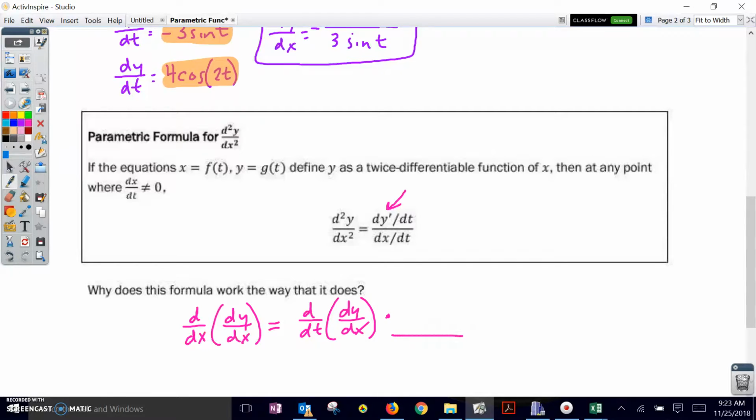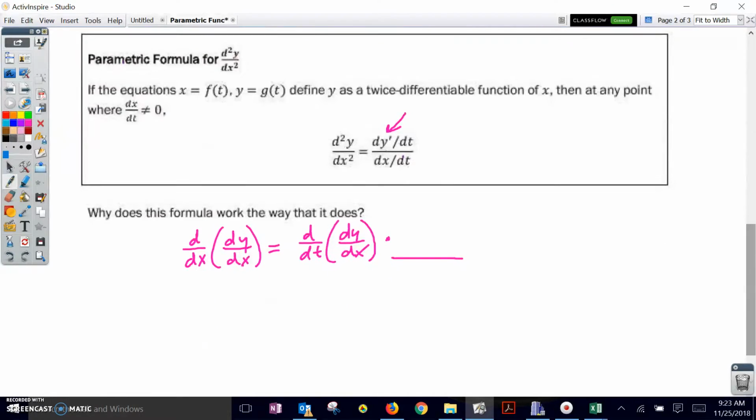And because we're doing that, what we really have is d squared y dx dt here.